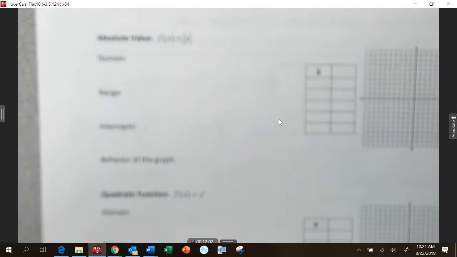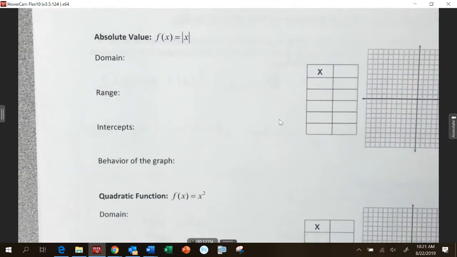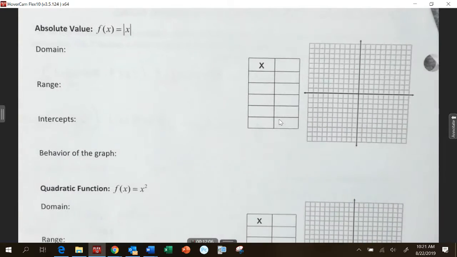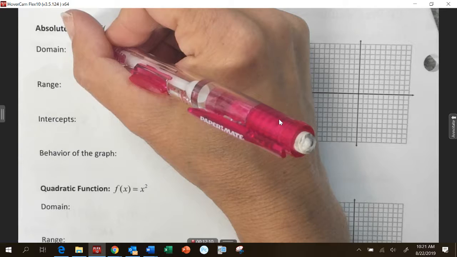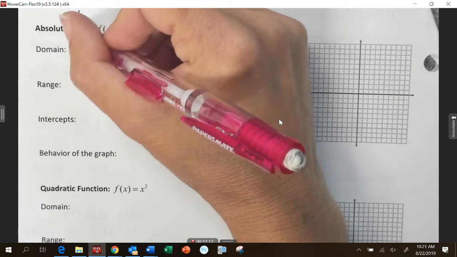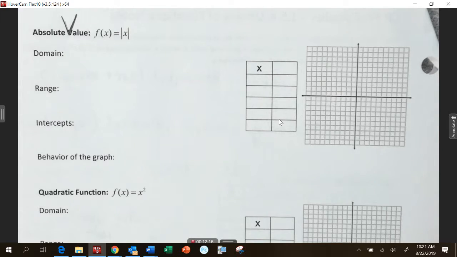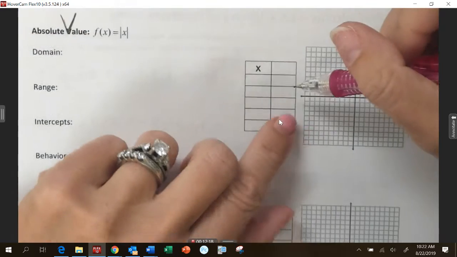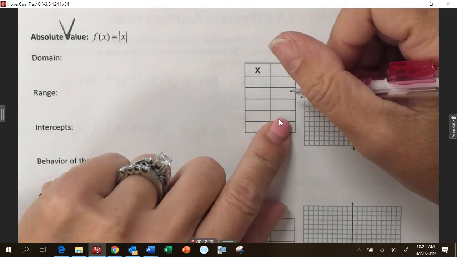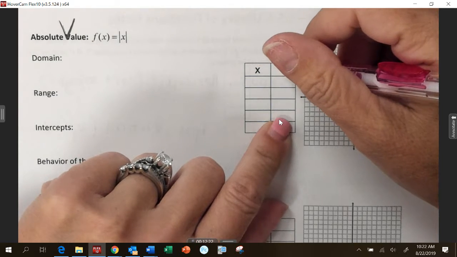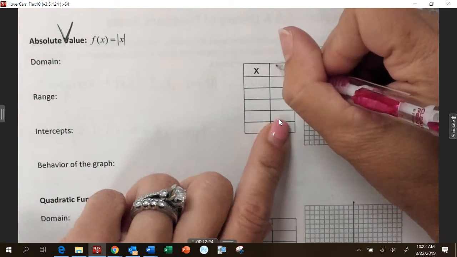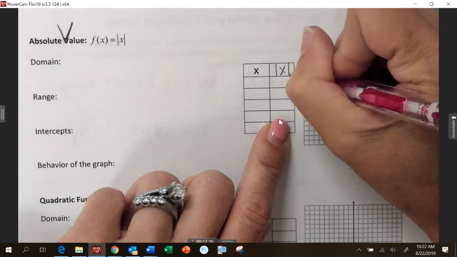Okay, so what we're going to talk about is just all these different parent functions. The first one is absolute value. We know that that should look like a V shape. If you're not sure, value, V. When you do a table, it's really important that you pick values that are easy to take the absolute value of.